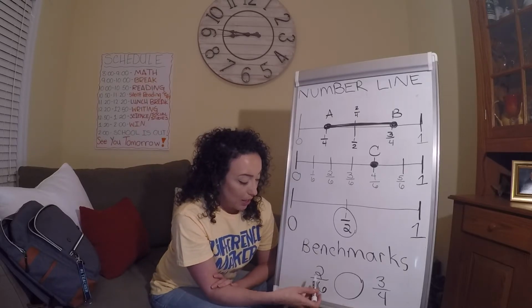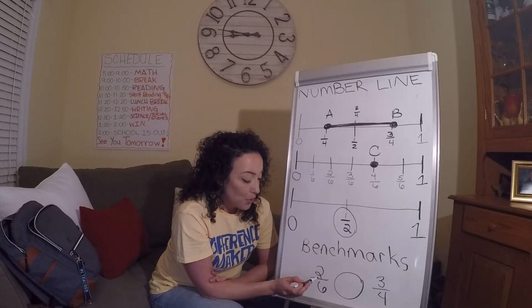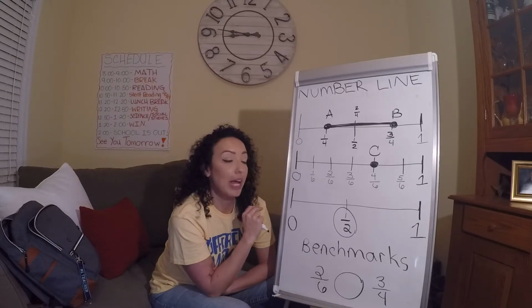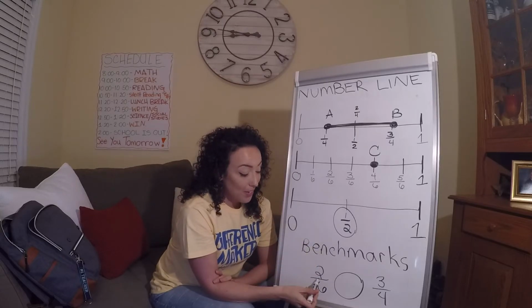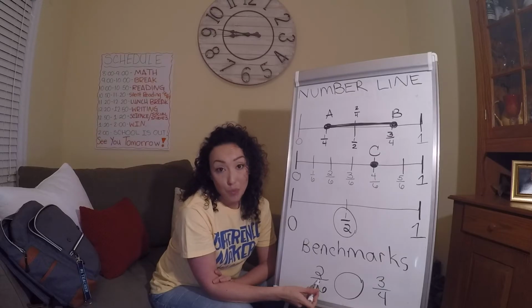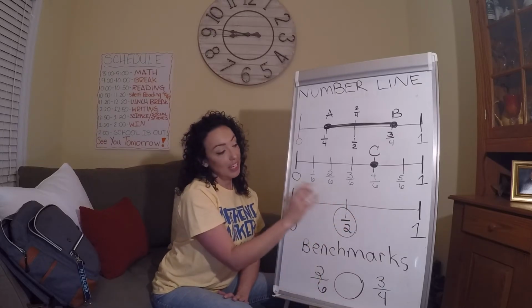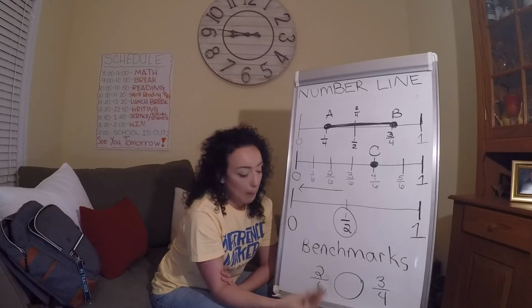So let's think of them based on their benchmarks. I know that 2/6 is only 2 tick marks away from 0. I also know that 3/6 is equivalent to 1/2, which means that 2/6 is going to be on the left side of the number line.